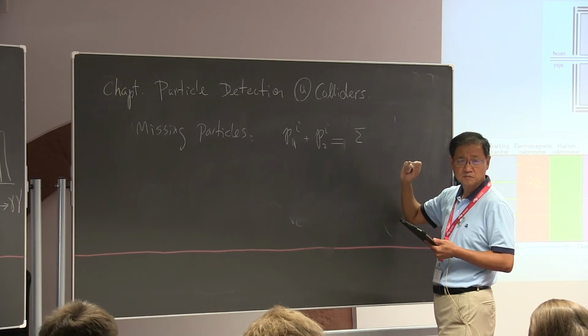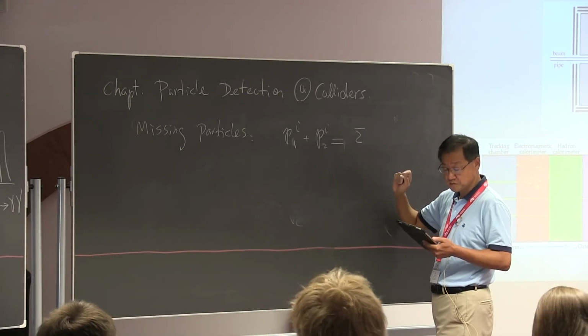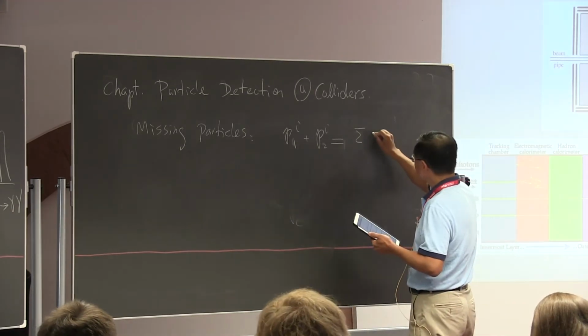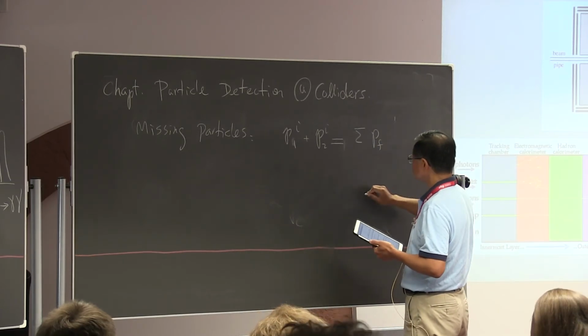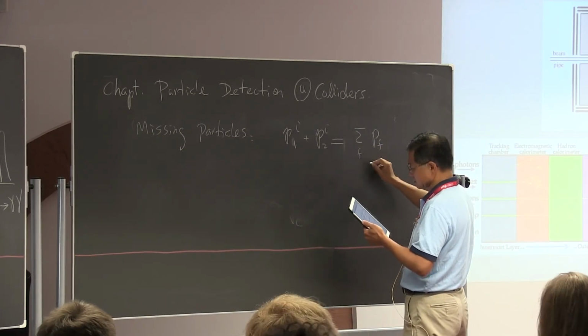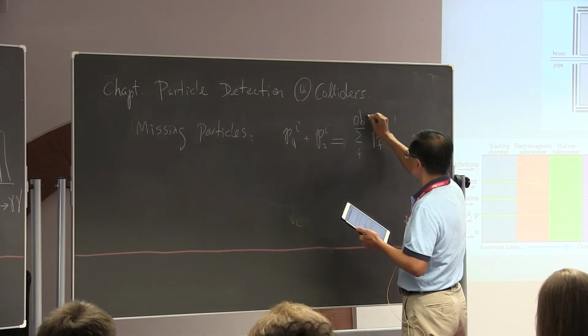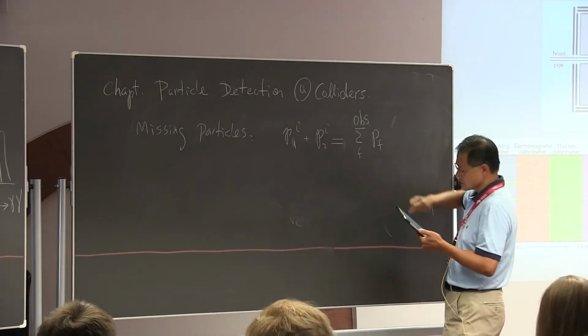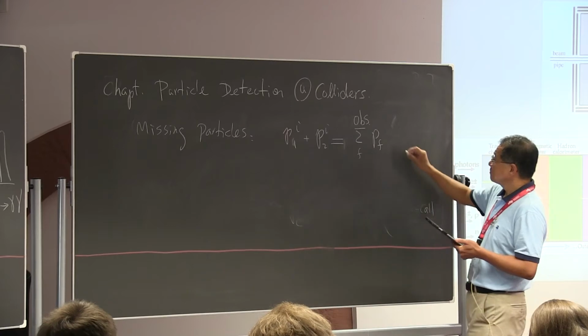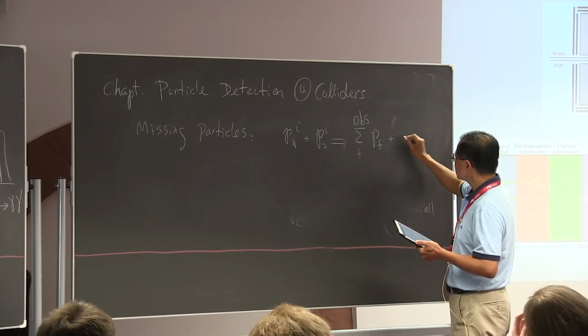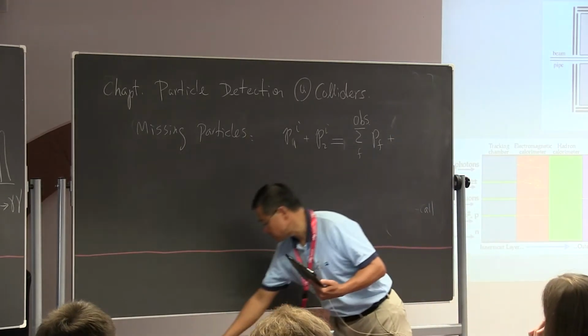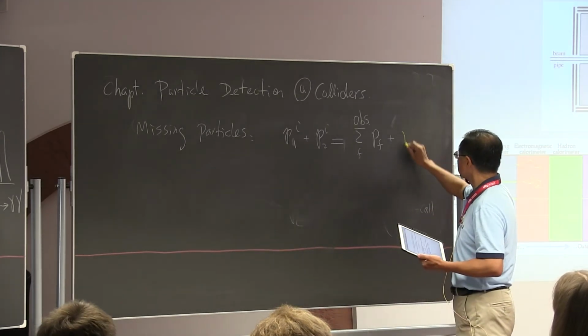That's the momentum conservation we use when we do the phase space stuff. Then you have a bunch of observable particles, maybe e plus minus or other things, and whatever the observable particles' momenta are, you just add them up. But in principle, there are also some missing ones. Let me use a different color.